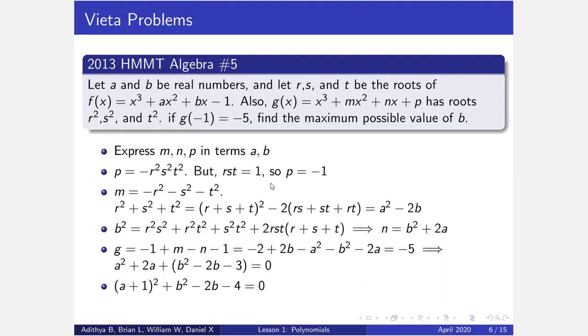Okay, and now what this means is that we have to have that b squared minus 2b minus 4 is less than or equal to 0, or else there's going to be no value of a.